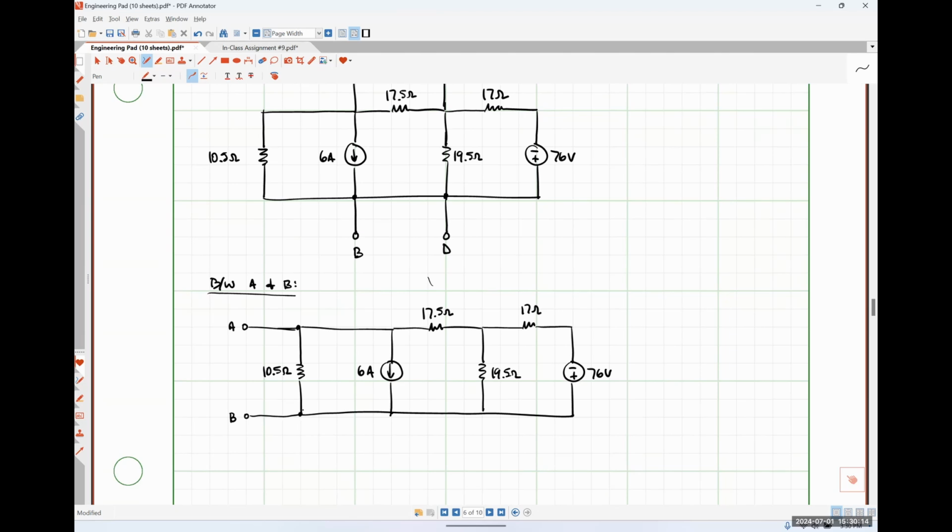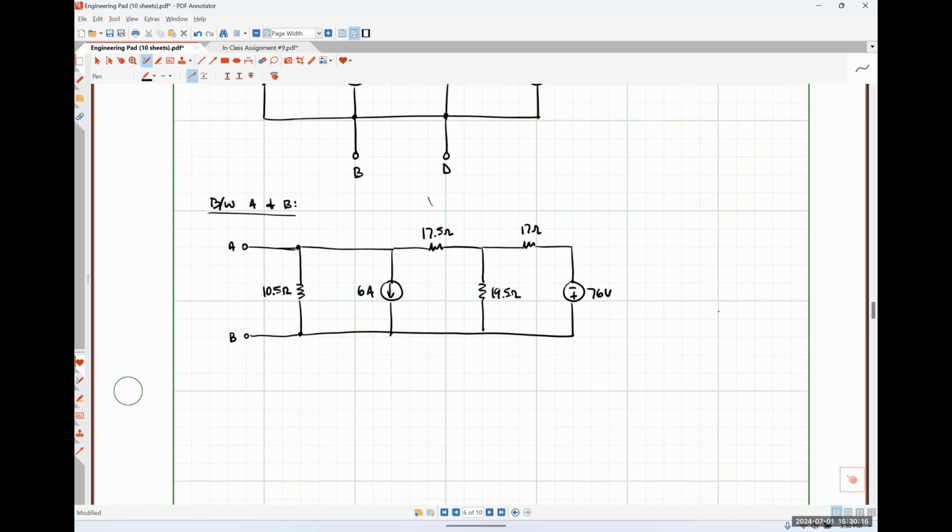Okay. So if I want to find VTH for this, what do I do? It'd be the voltage drop across the 10.5 ohm. Exactly right.